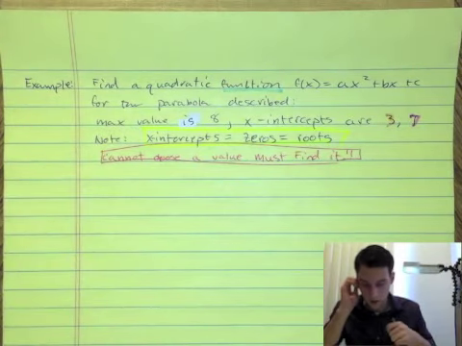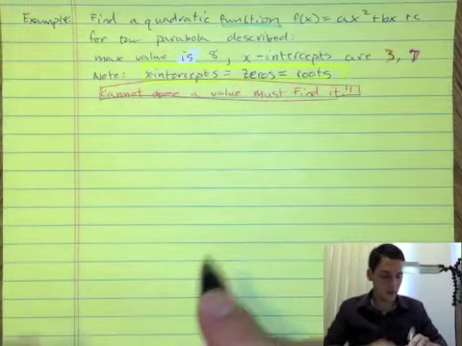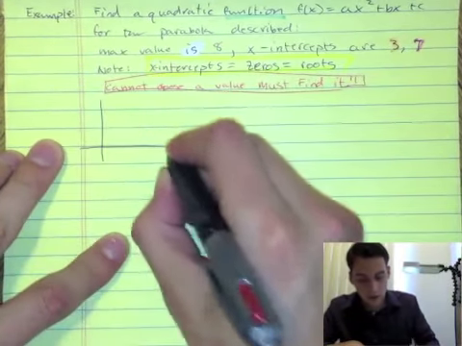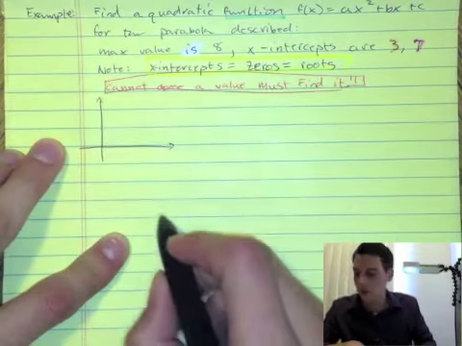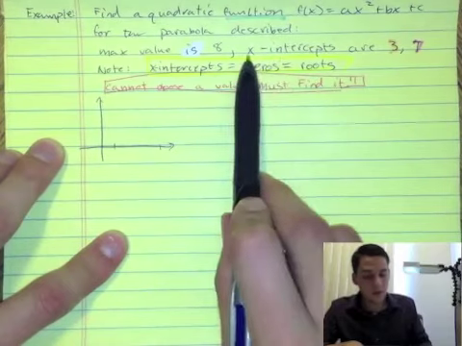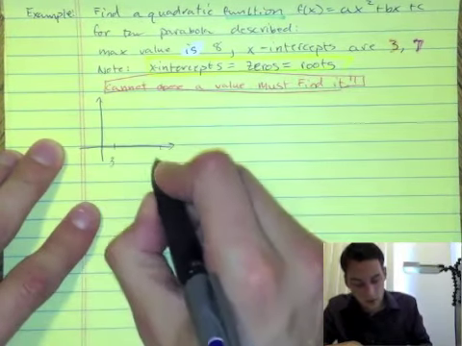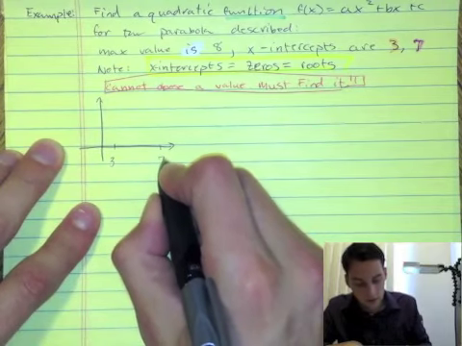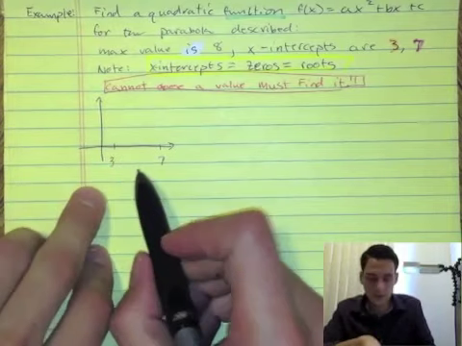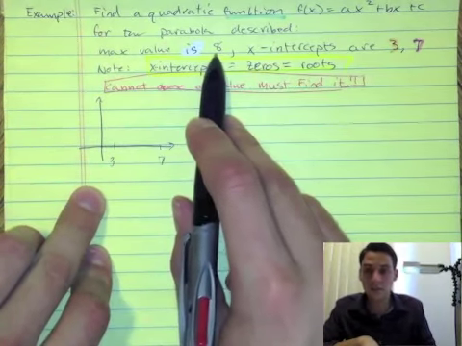Okay? So the first thing we have to do in this example is find the vertex. And we can do that by drawing a picture. Later on you won't even have to draw a picture, but let's see. So just by this information, the x-intercepts are at 3 and 7. So I'm going to draw the x-intercepts, 3 and 7. And we have a maximum value that is 8.